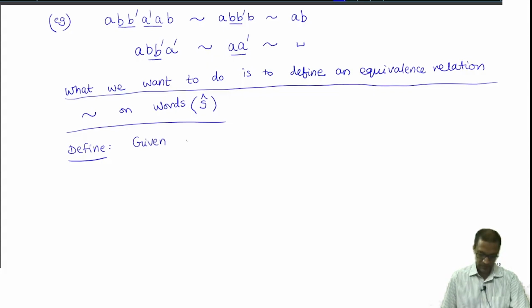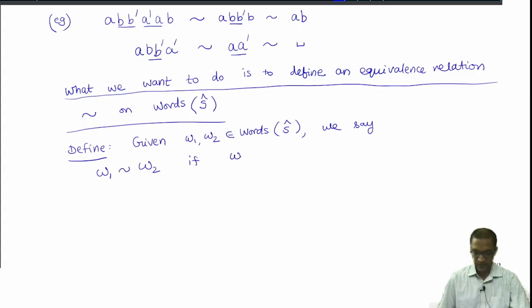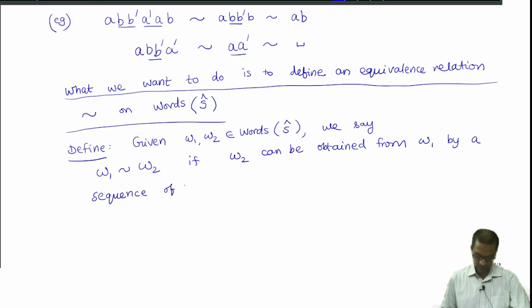Given 2 words W1 and W2, we define W1 is equivalent to W2 if W2 can be obtained from W1 by a sequence of what I'll call the basic rewriting rules.